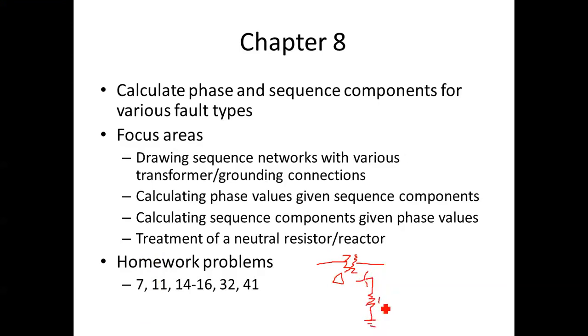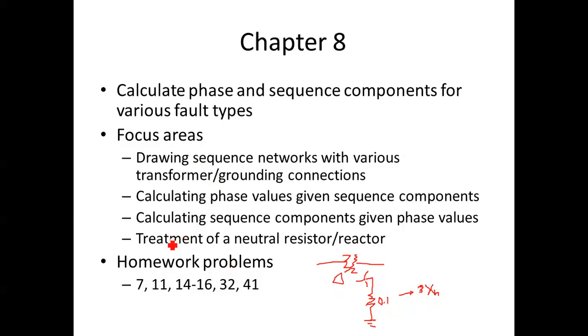If I have a neutral impedance of 0.1 per unit for the quantities on the transformer base, in zero sequence this would be represented as 3 times the neutral impedance value, so 0.3 in the zero sequence network.